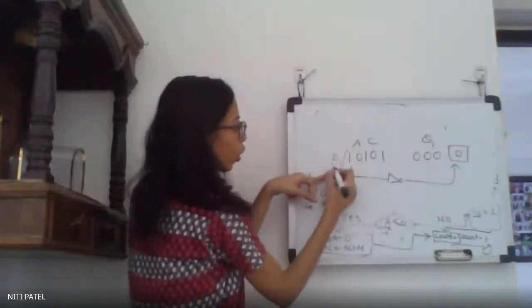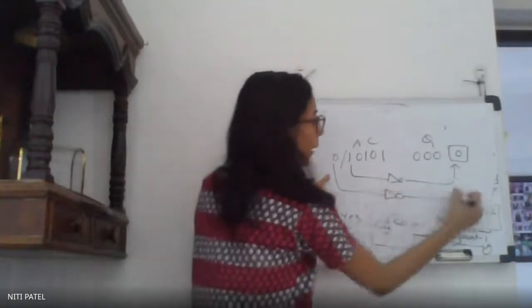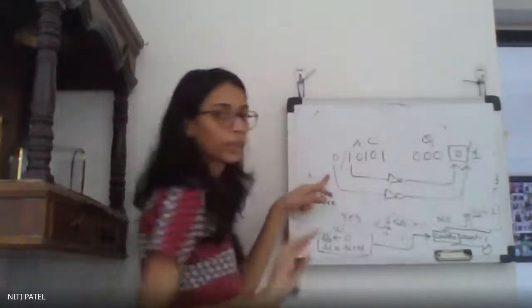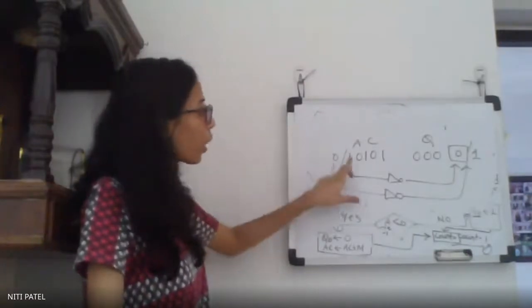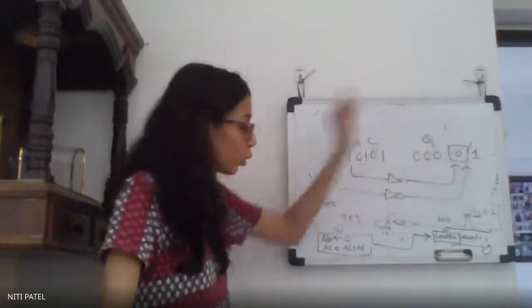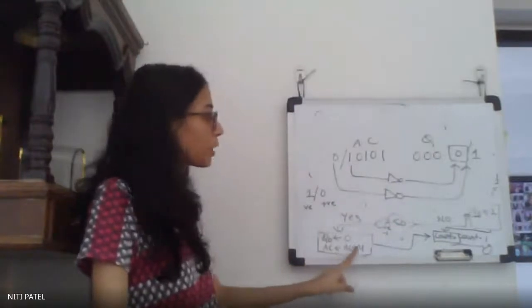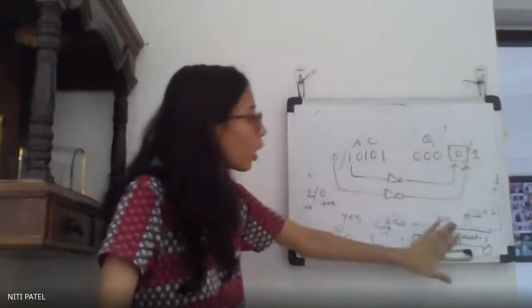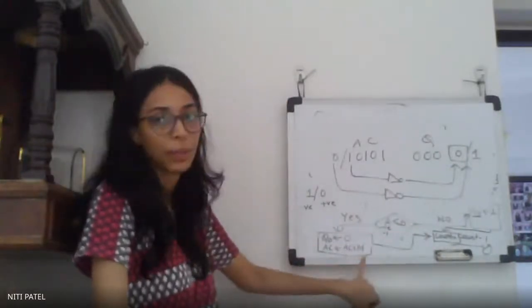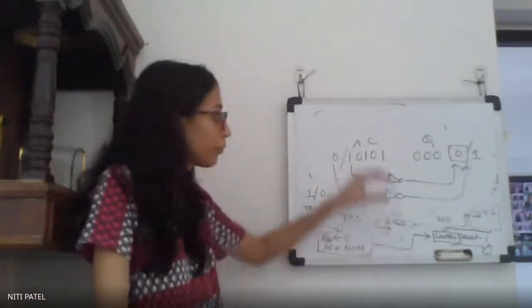If it is 0, you have to invert it and put 1. That is the logic. Whenever you change from 1 to 0, you have to perform AC = AC + M. But whenever you change from 0 to 1, you do not have to do AC = AC + M.